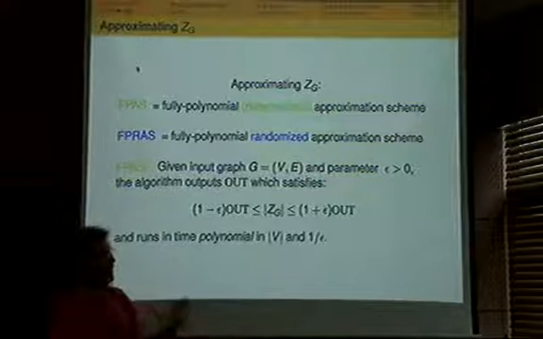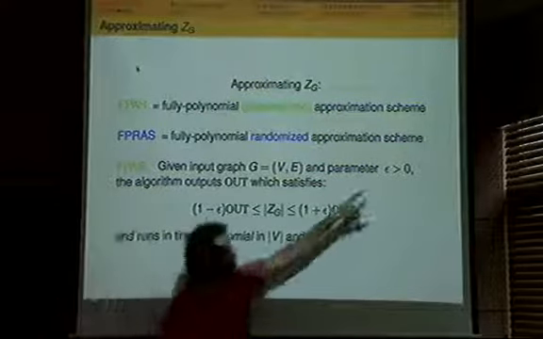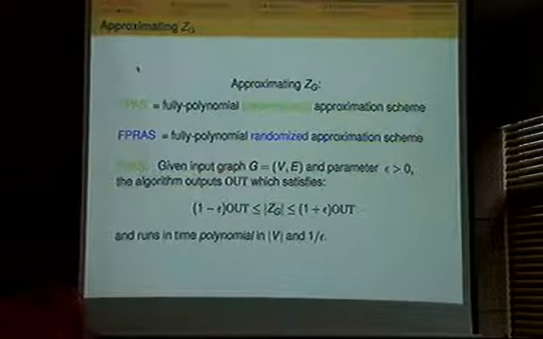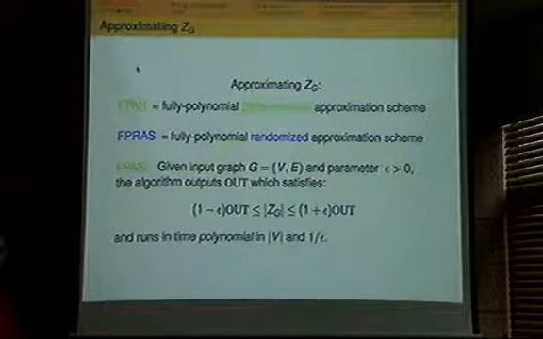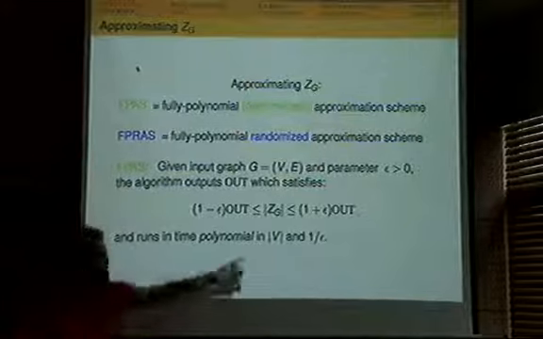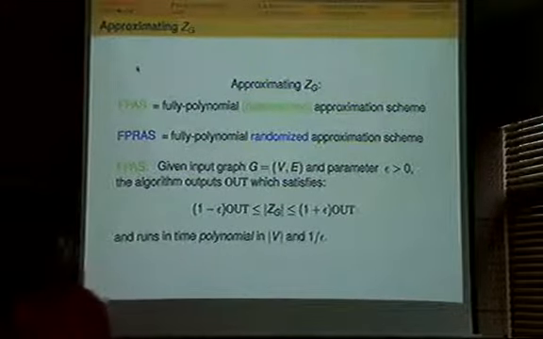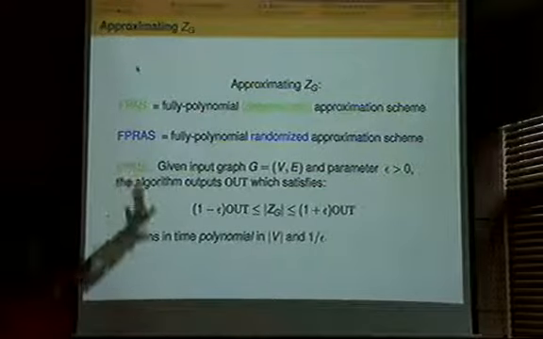My algorithm should work for any epsilon and any graph in the class that I'm considering, and my running time should be polynomial in the size of the graph and polynomial in 1 over epsilon. If that's the case, then it's a fully polynomial scheme.